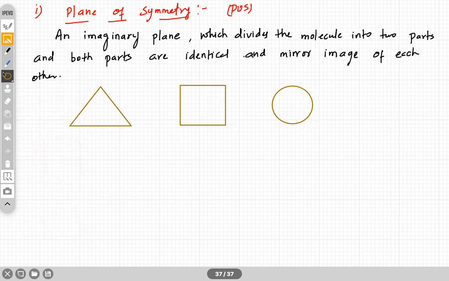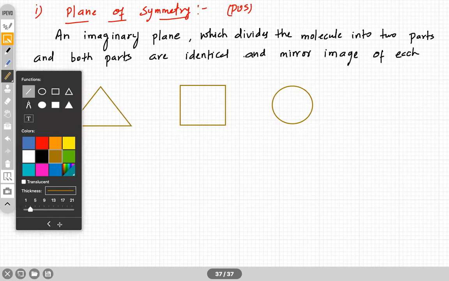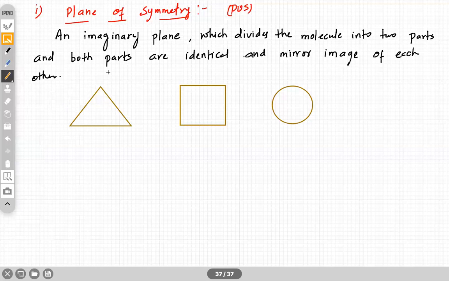So if you see in cyclopropane, easily you can identify there is a plane of symmetry that passes through this line. This is the plane of symmetry we have.